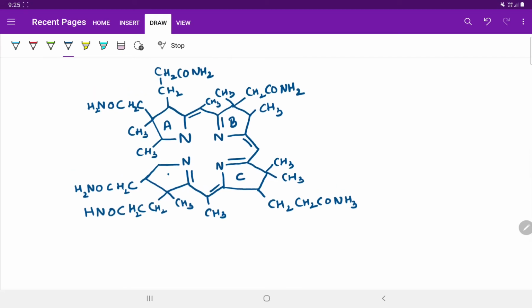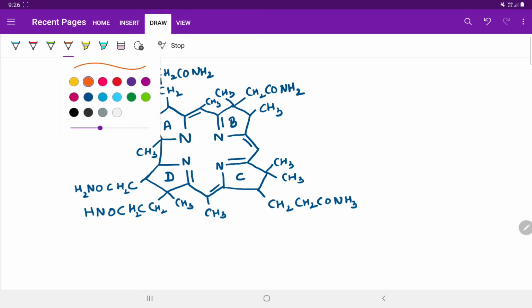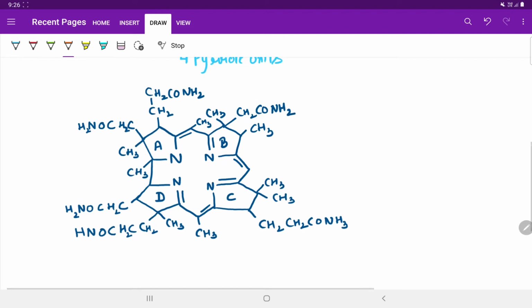So the pyrrole rings A and D are joined directly with each other here. So no methene bridge between pyrrole rings A and D, whereas A, B, C and D are otherwise joined to each other by a methene bridge. So I shall be highlighting here what the different groups are. Don't get confused.